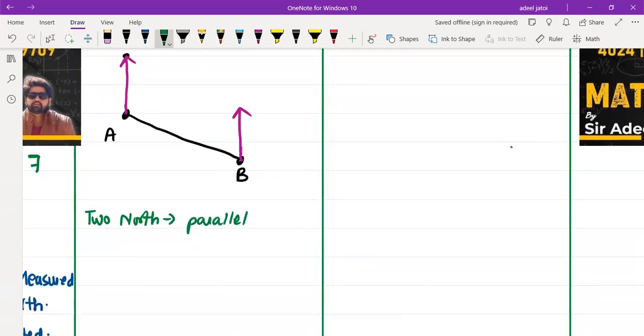And when parallel lines are involved, then the concept of angle properties is used.